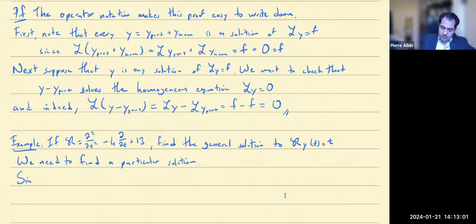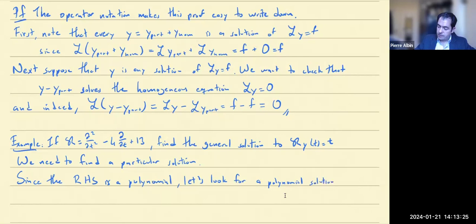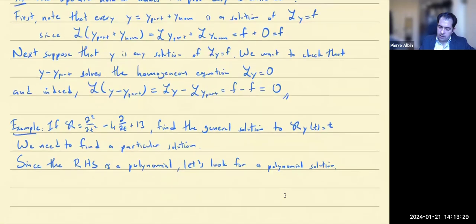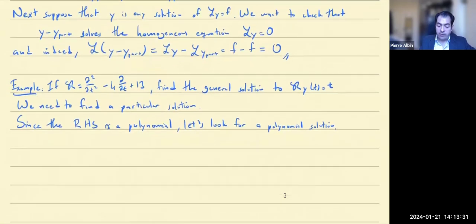Since the right-hand side is a polynomial, let's look for a polynomial solution. Okay, so we're just going to plug things in and try to find something that works.